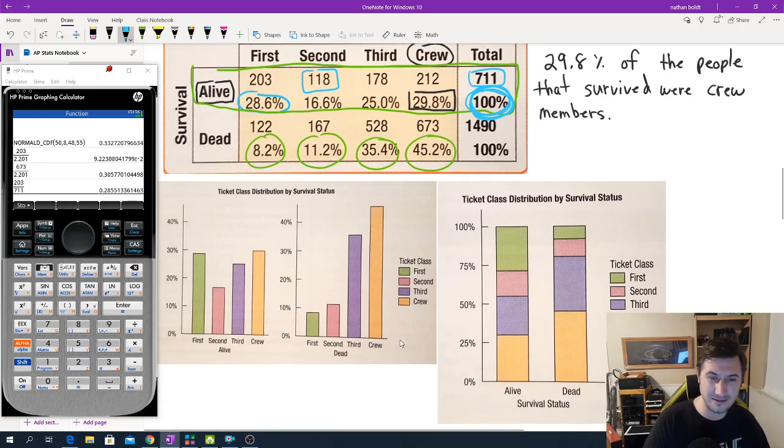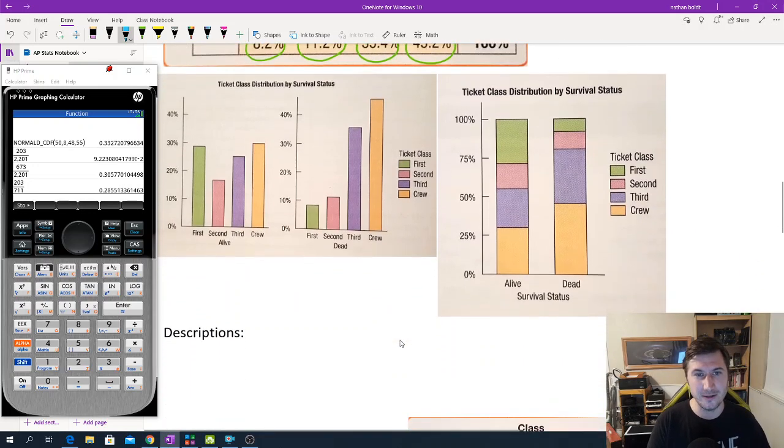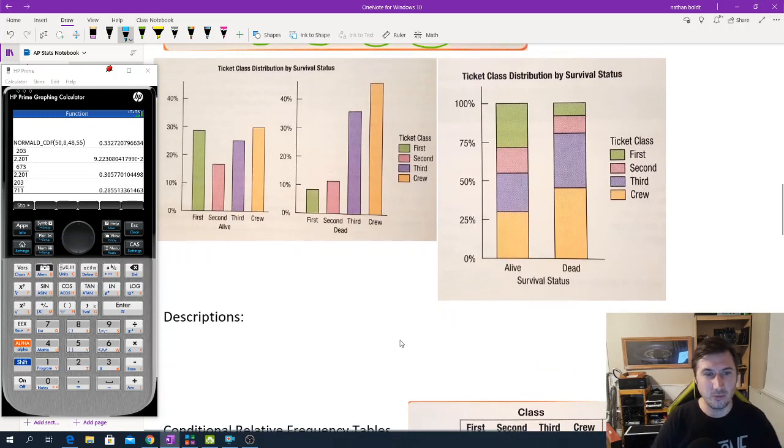But looking at it, the picture's got to tell us something, right? What does the picture tell us? Well, when I take a look at this, I see that these three bars here are pretty close to even. That means the distribution in the people that survived, of first class, third class, and crew, were pretty close to the same.